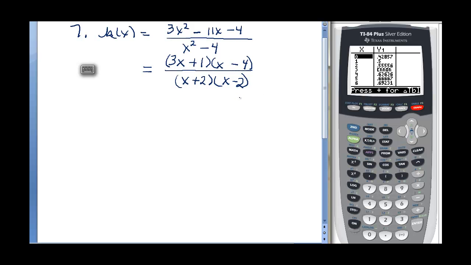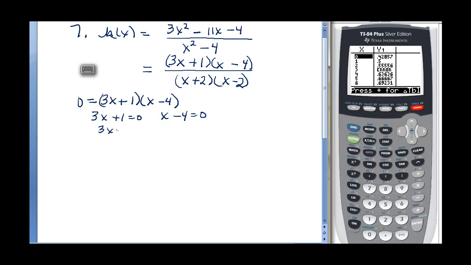Here I don't have any holes in my graph, and I can determine the x-intercepts by setting the numerator equal to 0, since it needs to be factored anyway. So I have 3x plus 1 equals 0, and x minus 4 equals 0.